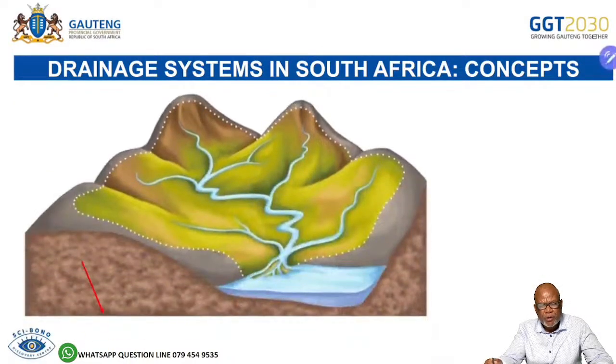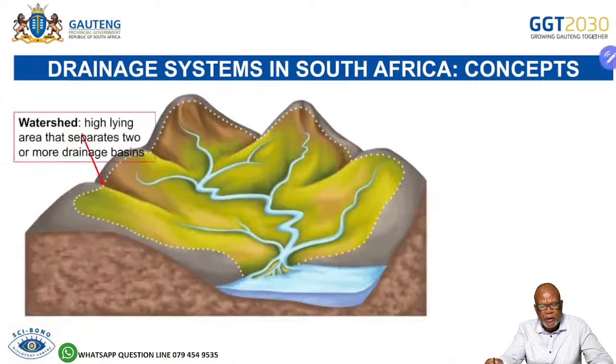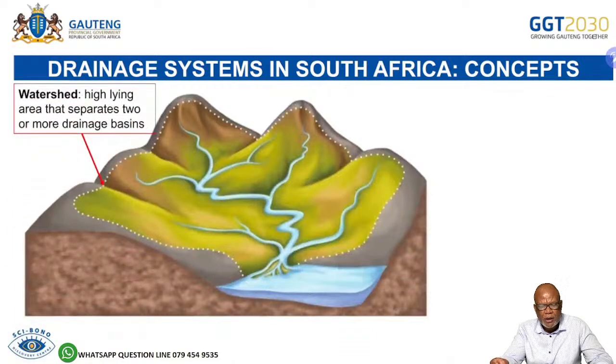Now let's continue with our drainage basin concepts. What do we have there? We have a watershed. You see we have a dotted line here. You can see this is a drainage basin, as we say. This is called a watershed. So what is a watershed? It is a high-lying area that separates two or more drainage basins.